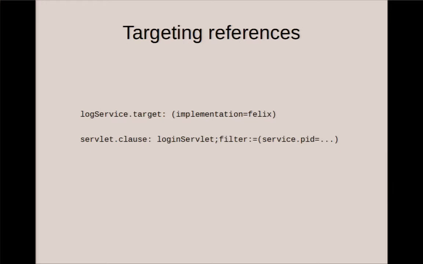If this is specified, you can add additional attributes here. You can add the filter, but you can also specify the servlet name and init parameters. It's a clause, the same as you use for import packages or for require capability manifest headers. So the syntax is exactly the same. You may know it.